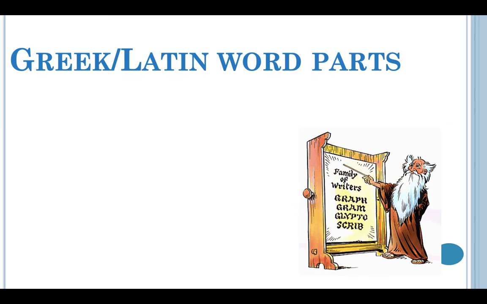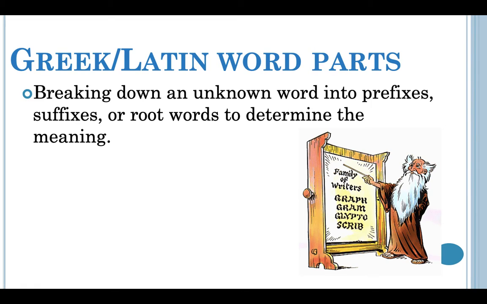Our next strategy is Greek Latin word parts. Here, we are able to break down unknown words into prefixes, suffixes, or root words to determine the meaning. Here are some examples. Centipede. Cent means 100. Ped means feet.